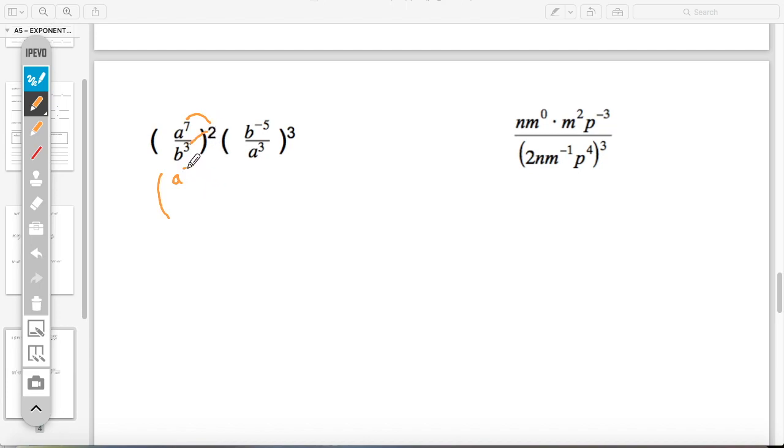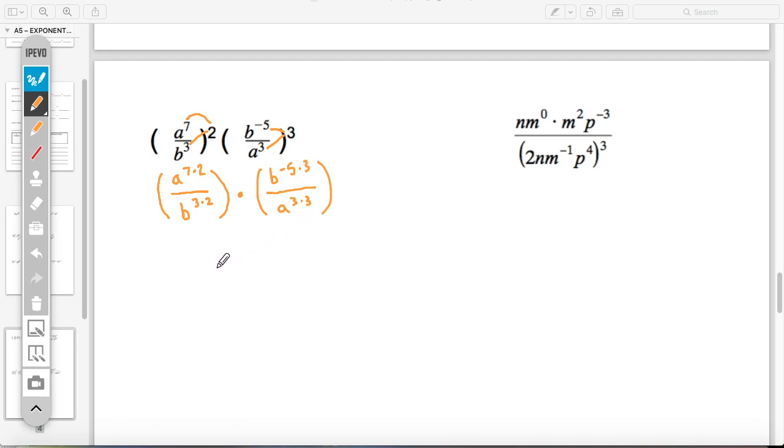I have a to the 7 times 2 divided by b to the 3 times 2, times, again, this 3 will go to both expressions, b to the negative 5 times 3 divided by a cubed times 3.